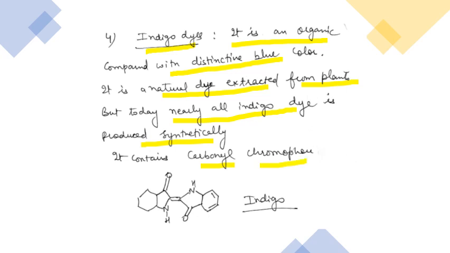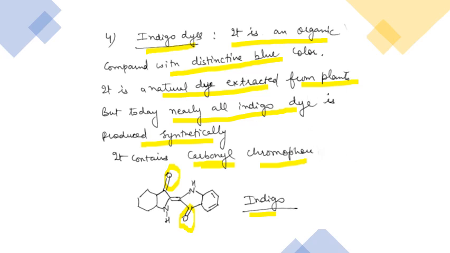So that is the main thing here in the naphthenic group: C double bond O. It has the carbonyl group here also, here also. So that we can easily understand. If the organic compound has this chromophore as the primary chromophore, it is responsible for the color. That is the indication for identifying indigo dyes. It has the distinctive blue color because of this carbonyl group.